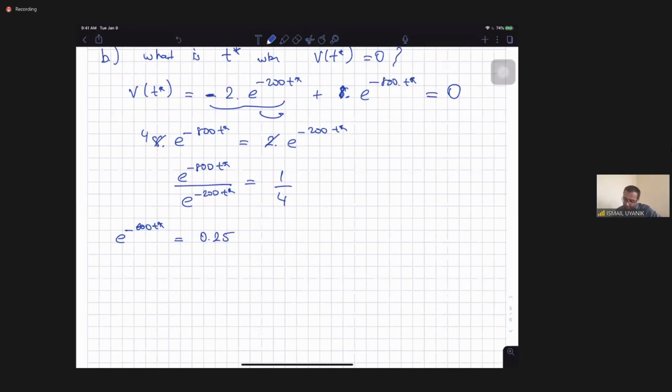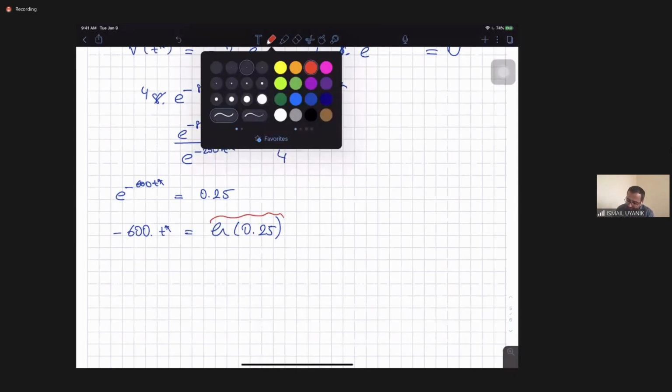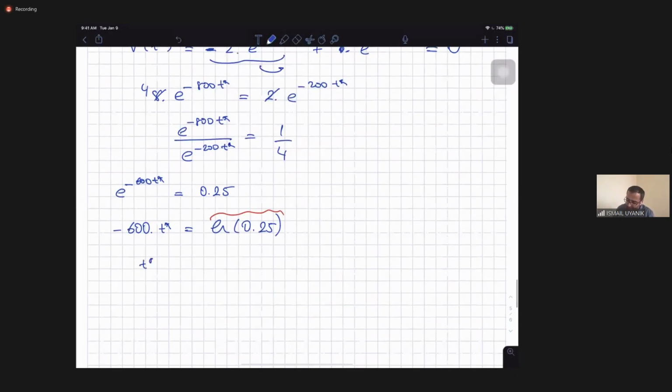Then to calculate t star, I need to calculate ln of these numbers. If I take ln of both sides, the left-hand side will be minus 600 times t star, and the right-hand side will be ln of 0.25, which you should calculate. Can someone calculate this number? Then t star is just ln of 0.25 divided by minus 600.